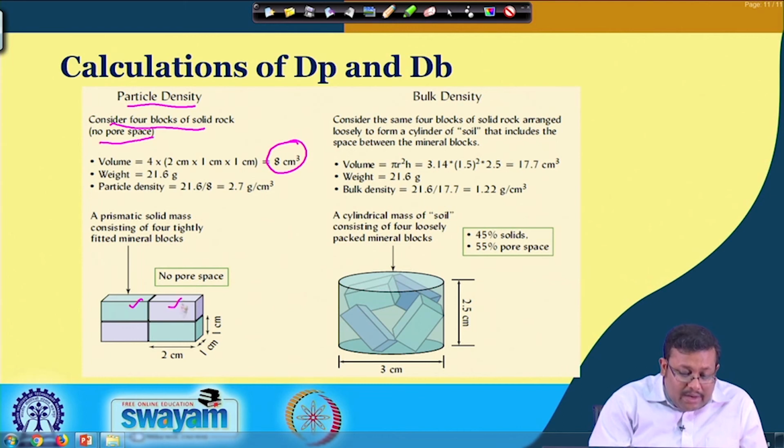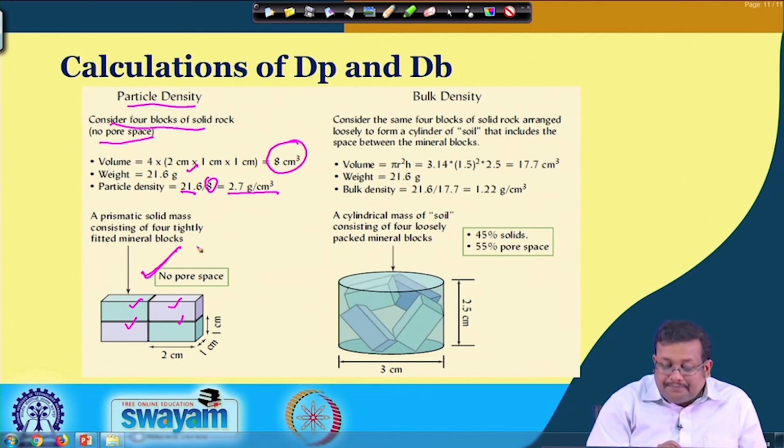However, the cumulative weight for all the 4 blocks is 21.6 gram. Particle density is the total weight divided by the volume of solid, which gives us 2.7 gram per cubic centimeter. This is the particle density. It is a prismatic solid mass consisting of 4 tightly fitted mineral blocks where there is no pore space.